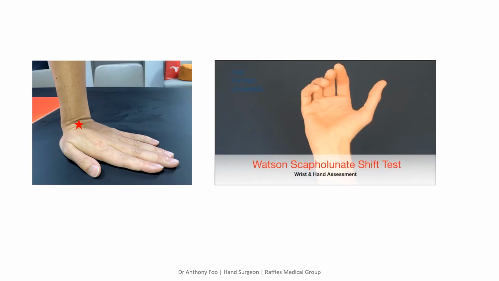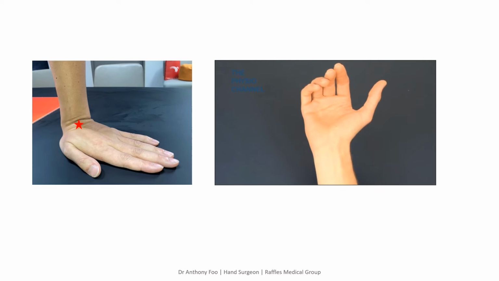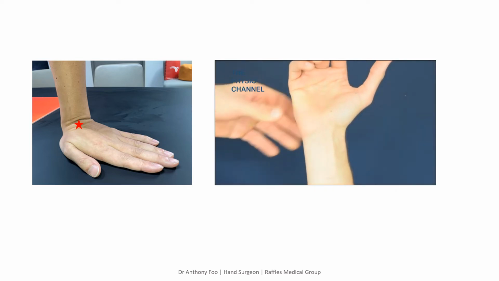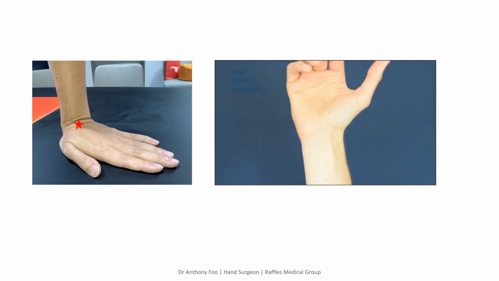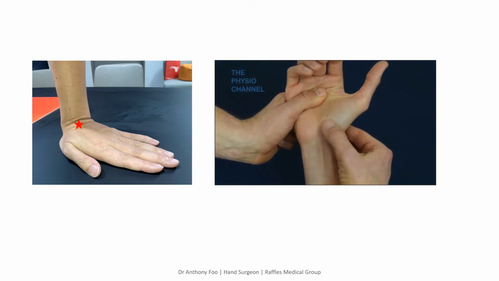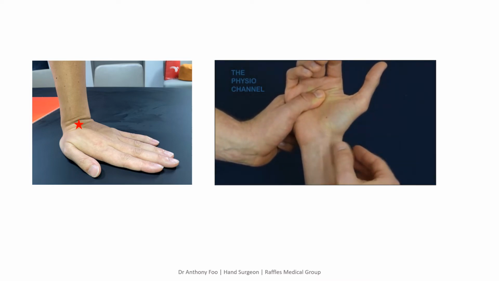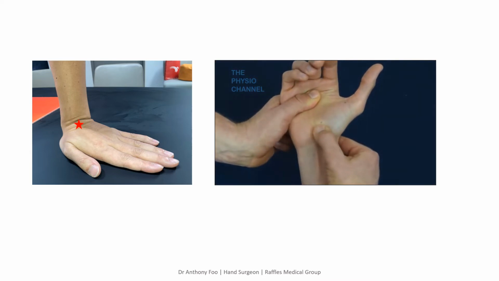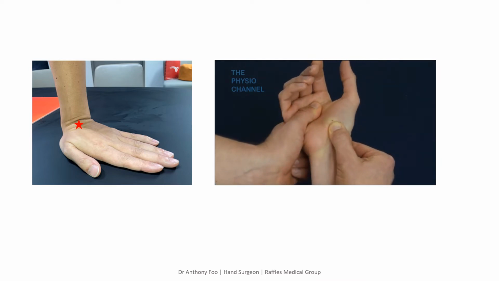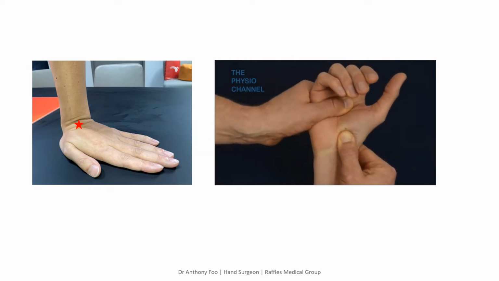The Watson test is also called the scaphoid lunate shift test because it tests for laxity between these two carpal bones. To perform the test, start with the forearm pronated, vertical and supported. With their palm facing you, grip the palm from the ulnar side and then specifically grip the scaphoid, located on the radial side of the wrist, over and above the most distal wrist crease. The test movement is as follows: from ulnar deviation and slight extension, passively move into radial deviation and slight flexion.